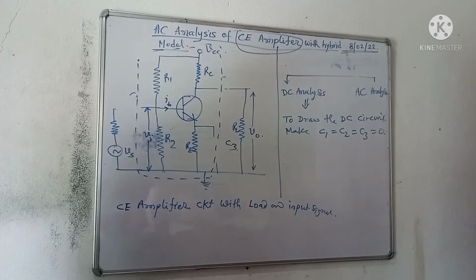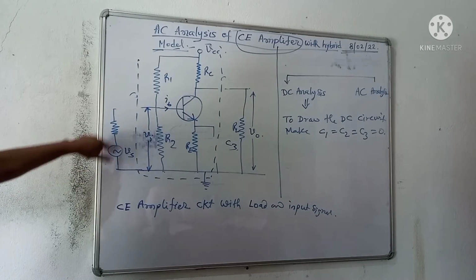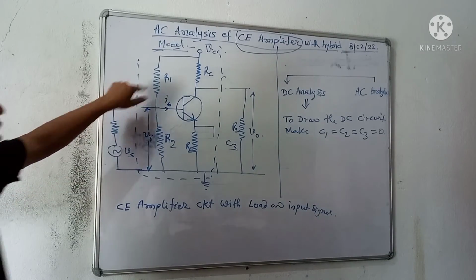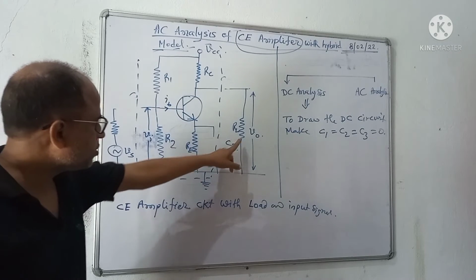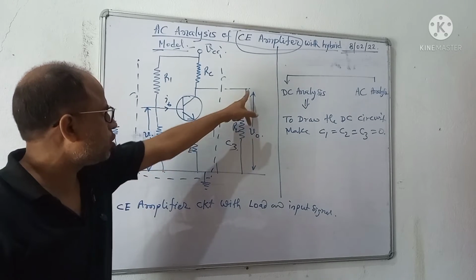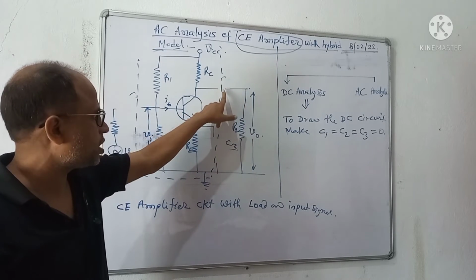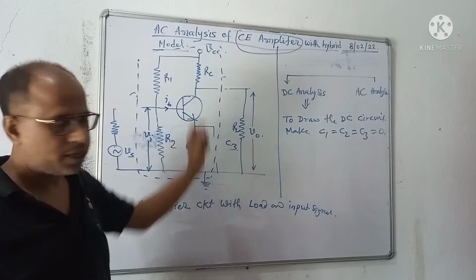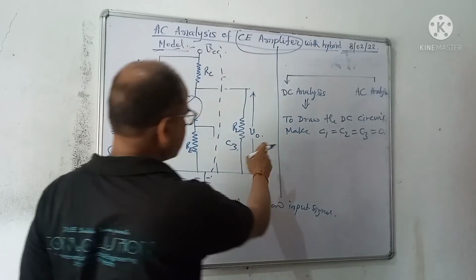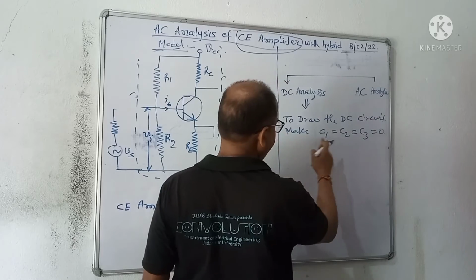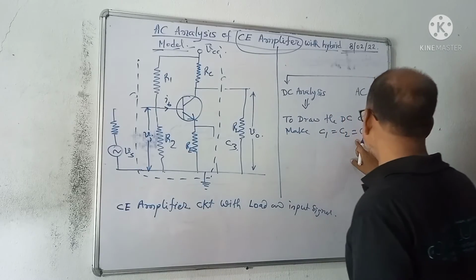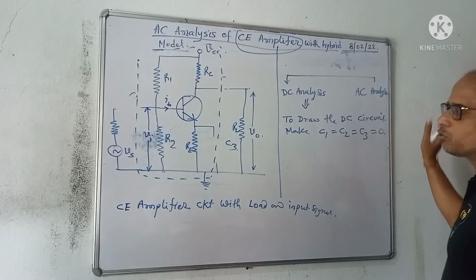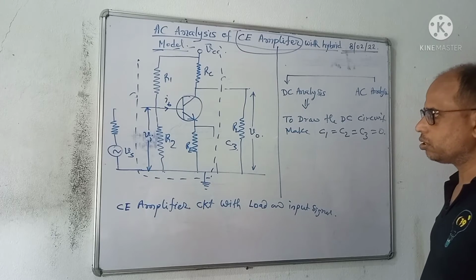Here no AC. You see, the signal is disconnected. It is voltage, and here the load is also disconnected because the capacitor is open. Therefore, to draw the DC circuit, you have to make C1 equal to C2 equal to C3 equal to 0.